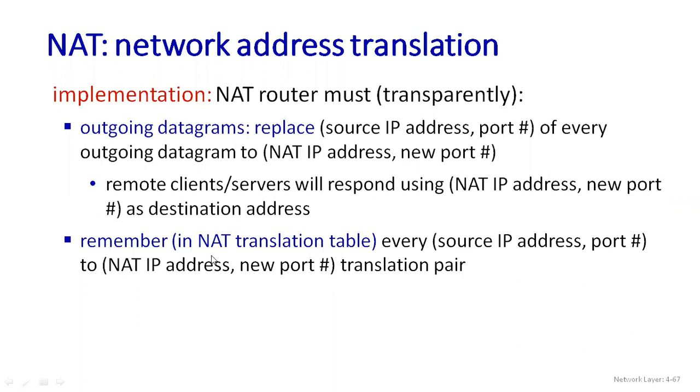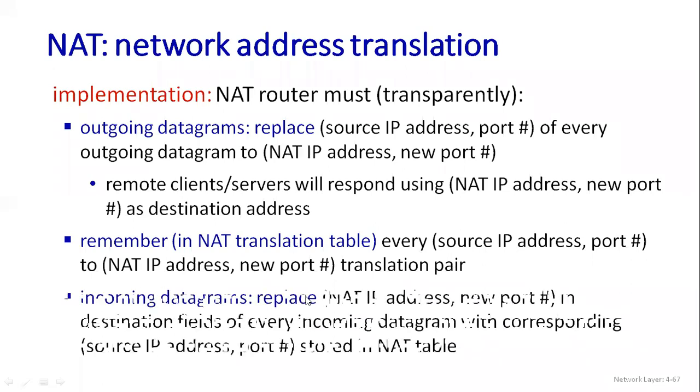You have to do the translation pair, like in Bluetooth, where we also do the translation pair so that it can always remember the password. No need to give the password always, right? In the same way, we make a pair of your source IP address to your NAT IP address and port number to new port number. Then it will always remember. No need to give the IP address always.